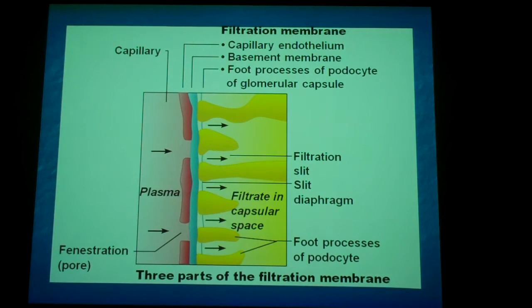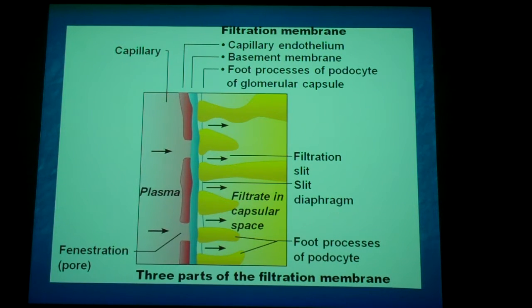Now this is a bigger view of that. Same thing. So here is the capillary with its fenestrations. Here's the basement membrane of the capillary. Here are the foot processes of the podocytes, and here are the filtration slits. So basically, this filtration membrane is multi-layered, isn't it?